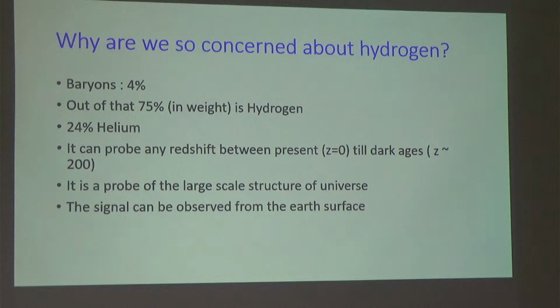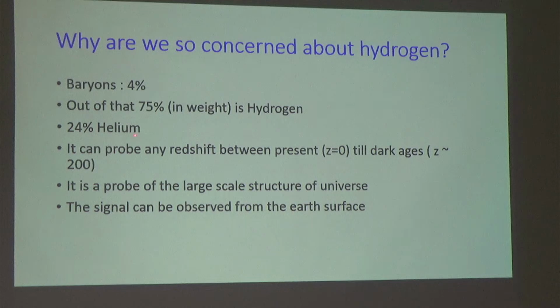We cannot see dark matter, we don't know what dark energy is. But this is the component we can see and observe. Out of this 4%, 75% is in the form of hydrogen. So most of our visible universe is made of hydrogen, 3/4 of that, and 24% is helium, and the remaining 1% is heavier elements that we see all around us.